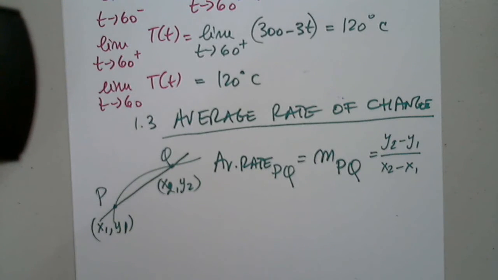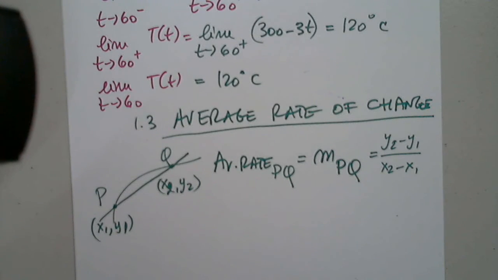Again, let's go to 1.3. No secrets whatsoever. Let me see which page I need. I need 124. Okay. Find the simplified form of the difference quotient. There is no secret. Oh, I didn't mean that.